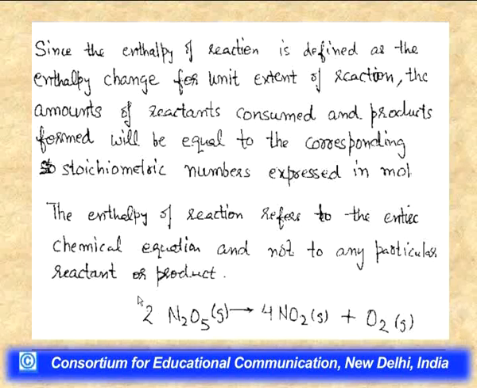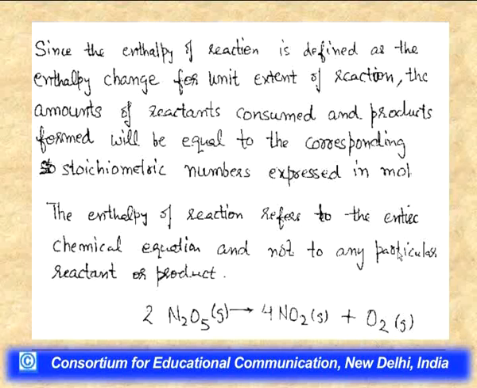Over here, for example, we have given one balanced chemical equation as 2N2O5 gas giving 4NO2 plus O2. It means xi is 1 for this chemical system when 2 moles of dinitrogen pentoxide is decomposed to form 4 moles of nitrogen dioxide, along with 1 mole of oxygen.